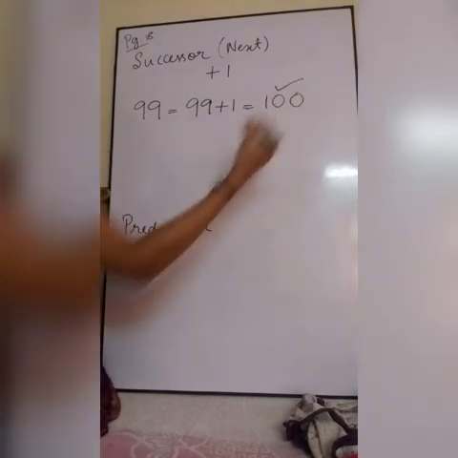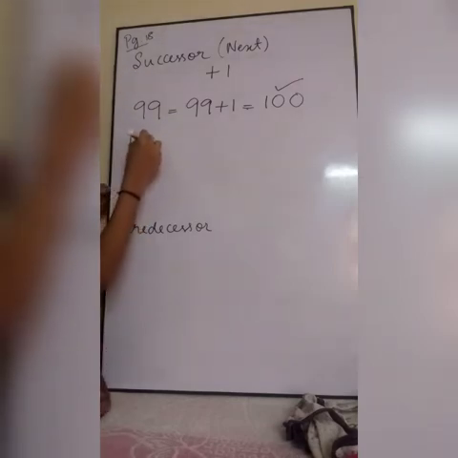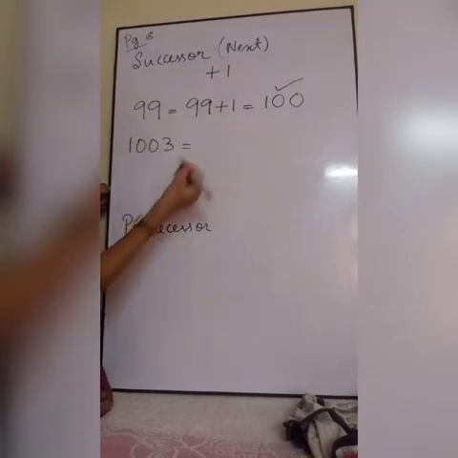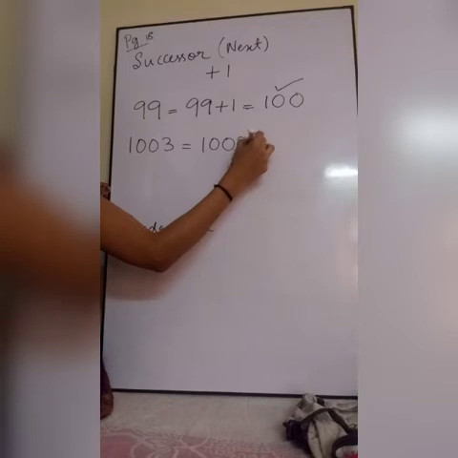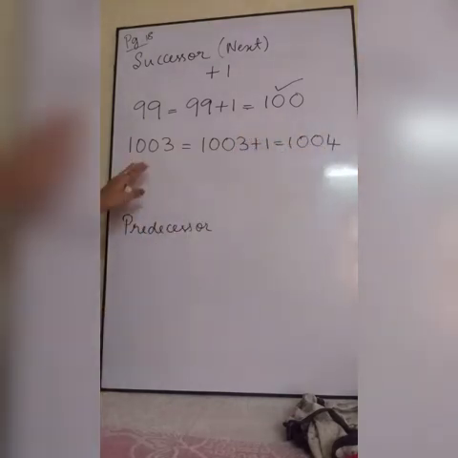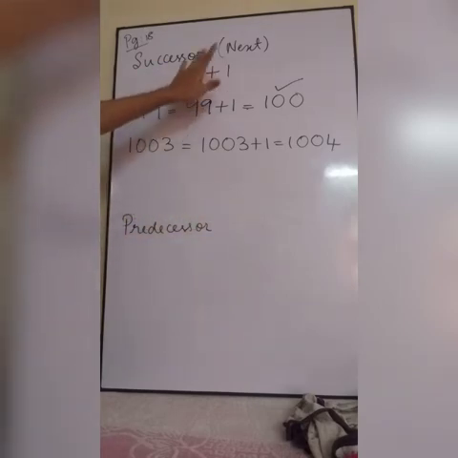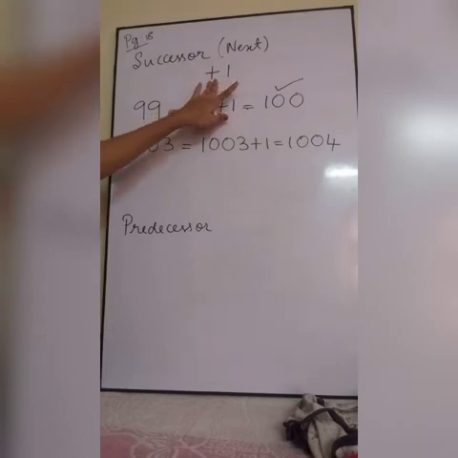So 100 is the successor for 99. Another one: for 1003, plus 1, 1004 is the successor. So successor means you just add 1 to that number. Keep that in your mind.